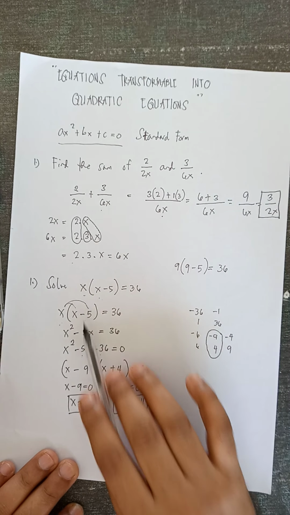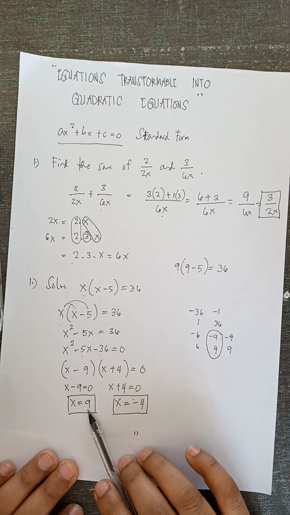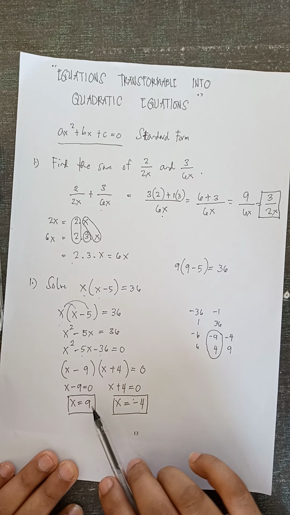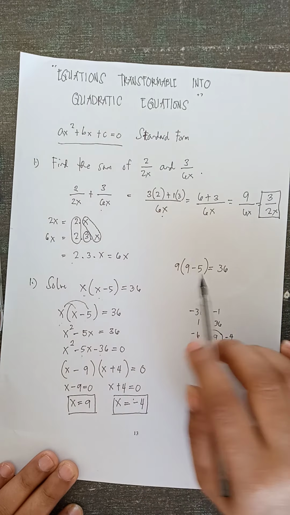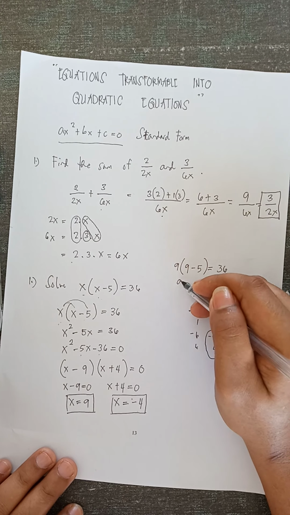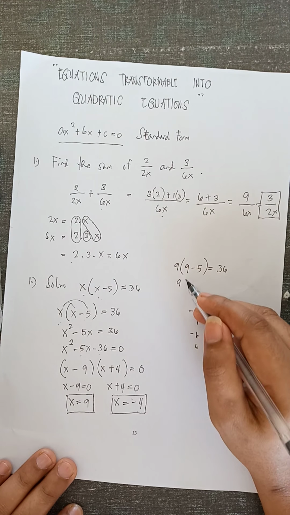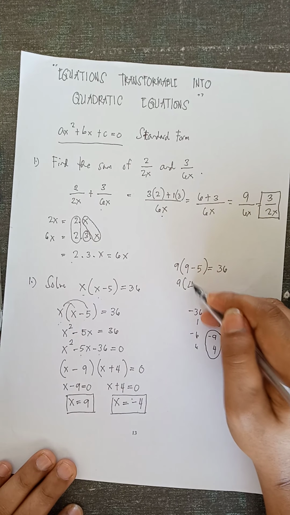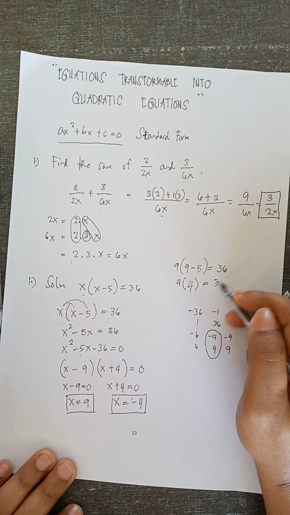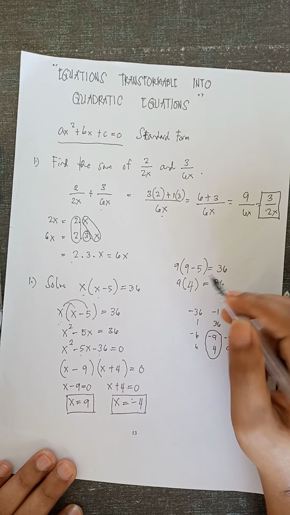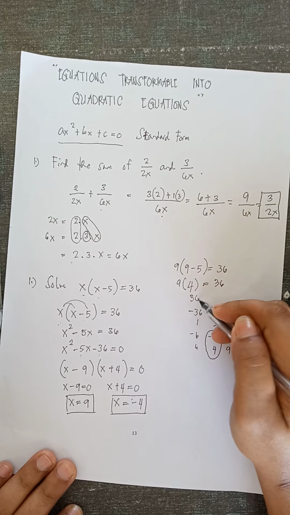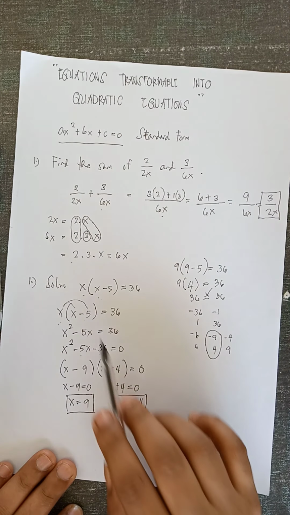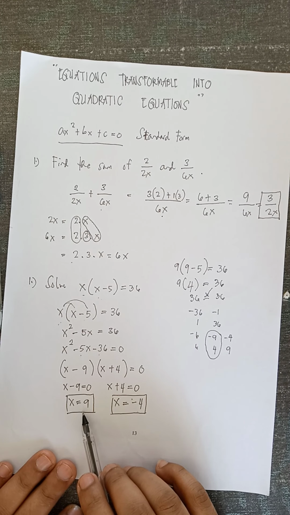Since we solved that x is equal to 9, we substitute x with 9. So we have 9 times 4, since 9 minus 5 is equal to 4, equals 36, and 9 times 4 is equal to 36. So therefore it is true that the value of x is equal to 9.